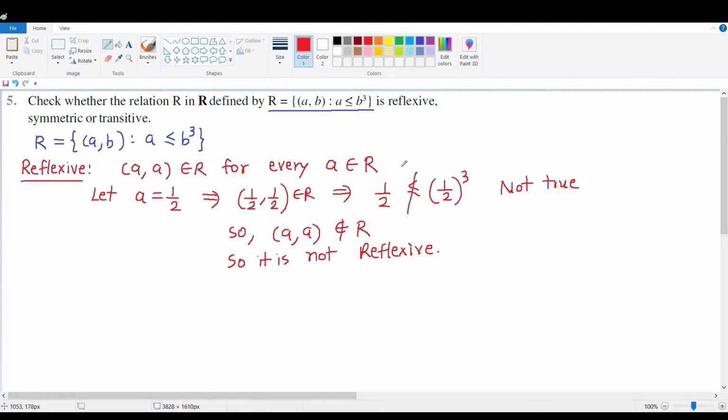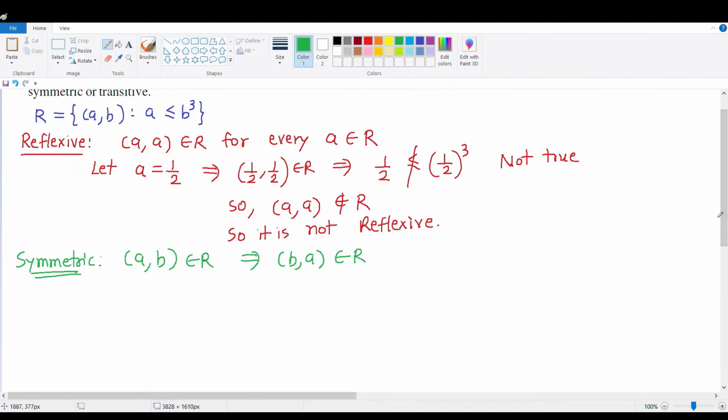Now we are going to check for symmetric. The definition of symmetric says what? That if you have (a, b) belongs to R, then you must have (b, a) also belong to R. For that, let's say a is equal to 1 and b is equal to 2. So we are saying (1, 2) belongs to R. Is that correct? 1 less than or equal to 2 cube? Of course, yes.